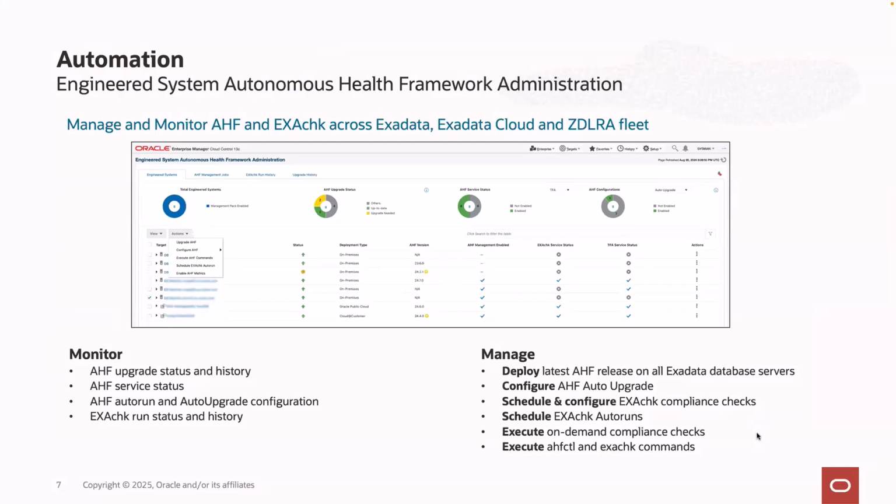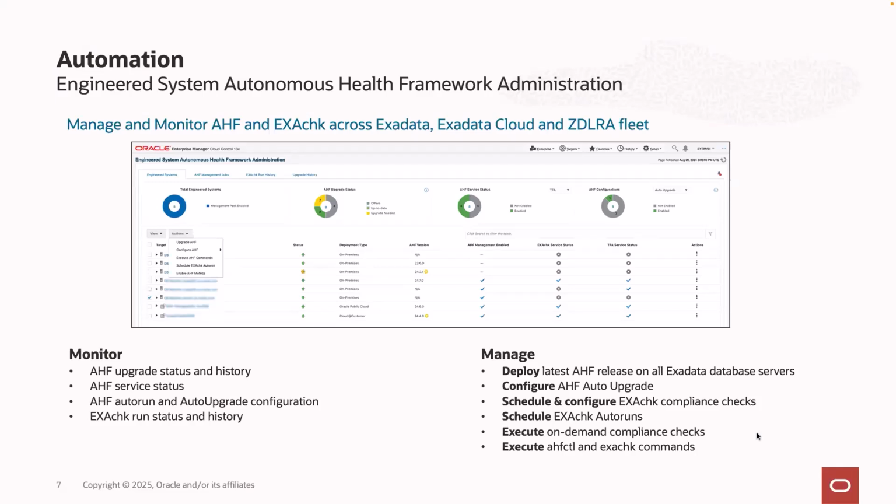So you can deploy the latest AHF releases in all your Exadata environments. Configure AHF auto upgrades. You can schedule and configure ExaCheck compliance checks so they run at a certain interval, and you can schedule ExaCheck auto runs. And of course, you also have the ability to run on-demand ExaCheck and AHFCTL commands.